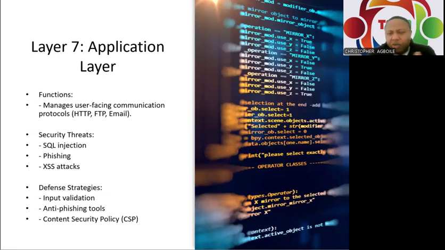To prevent this, you must implement input validation and parameterized queries. So you don't write a long query continuously that can easily be exploited. It is a programming ethic that will prevent this.